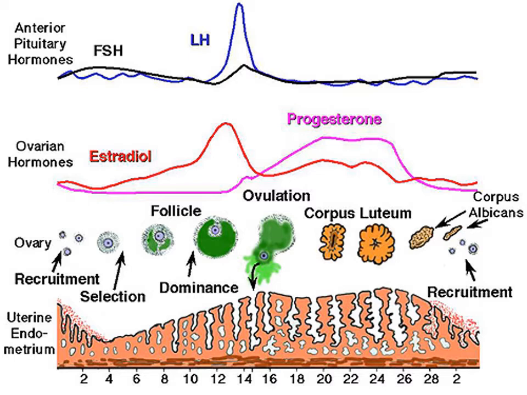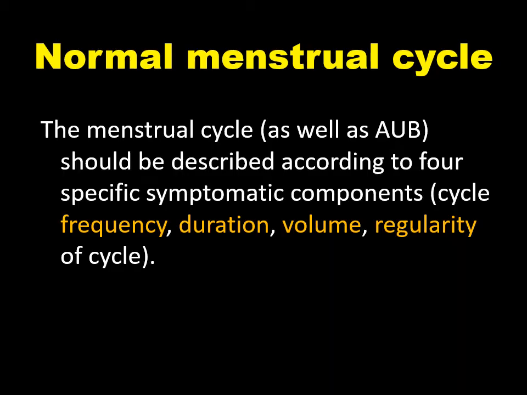But if there is no pregnancy, then there is no HCG, and this corpus luteum will degenerate and change to fibrous tissue called corpus albicans. This is for the menstrual cycle.